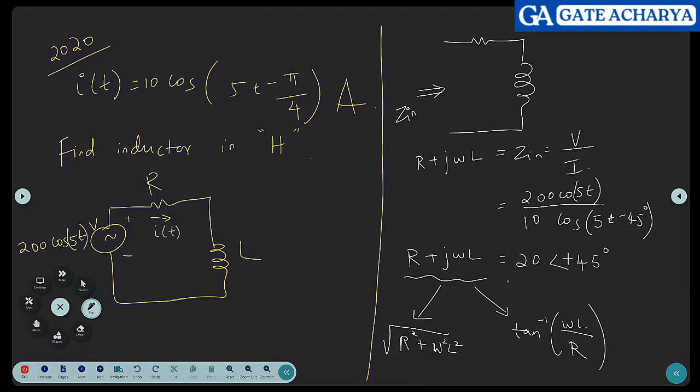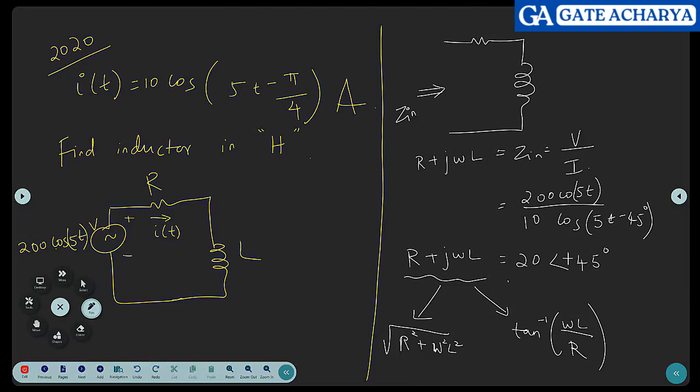I think omega value is 5. See, tan inverse of what value will give you 45 degrees? 1. So omega L by R equals 1, so omega L equals R. Simple.